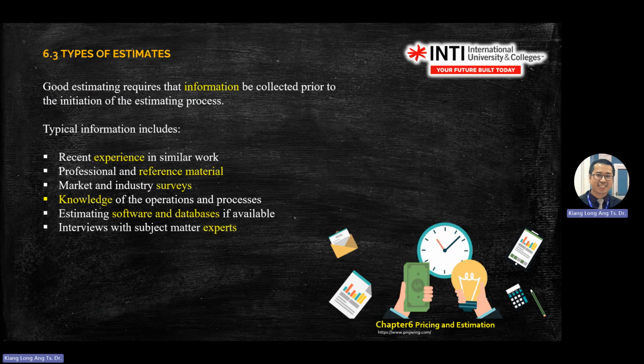You read reference material, professional reference material, journals, newspaper coverage, or some premium newspaper. Some newspapers are professionally covered for that particular segment. For example, The Edge in Malaysia, if you buy it, you will have very detailed coverage on a certain topic in economics and business. But it's a bit expensive.